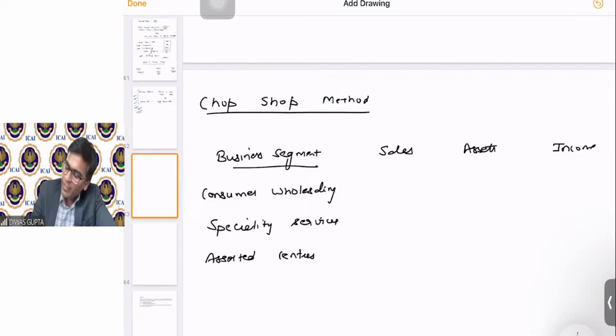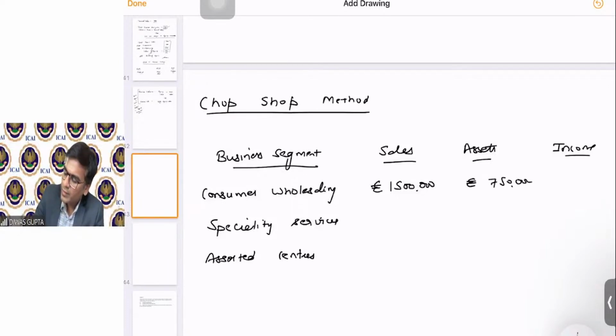If you see any financials, these are also disclosed, right? What is the sales? What is the segment assets? What is the segment income? These are also disclosed over there. Let's say these are the numbers that are given: euro 7,50,000, then euro 1 lakh.